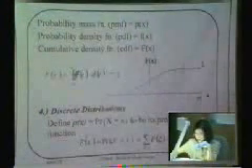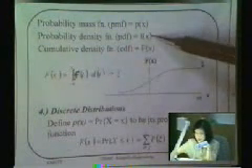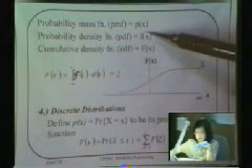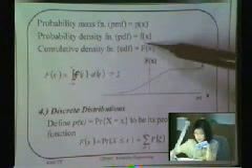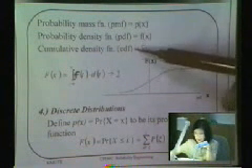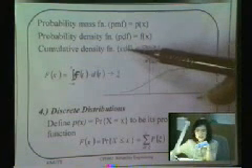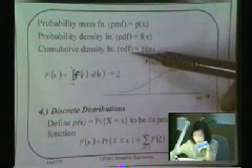For a continuous one, the form would be PDF, discrete would be PMF, and the other term is CDF, cumulative density function.